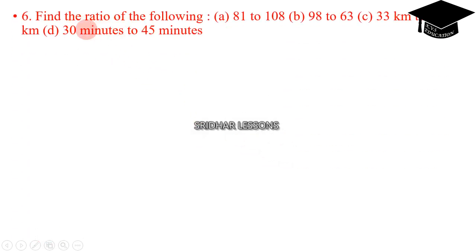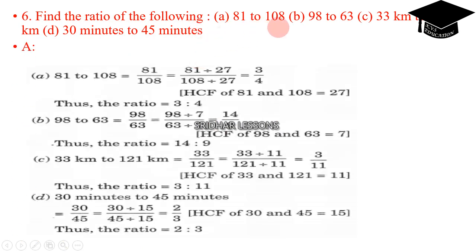Question number 6. Find the ratio of the following. A. 81 to 108. Okay. 27 cancels 81 3 times and 108 4 times. So the required ratio is 3:4 or 3 by 4. Okay.